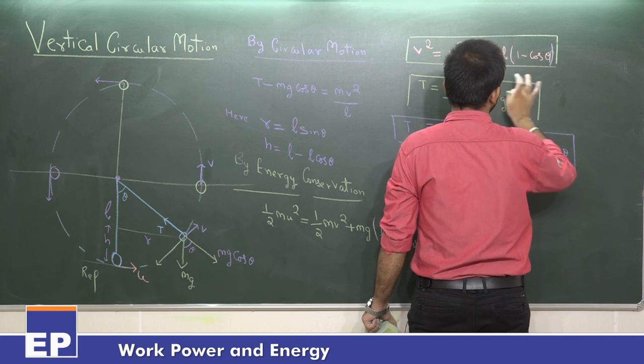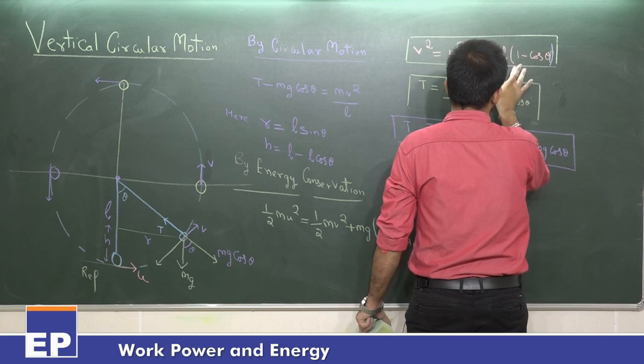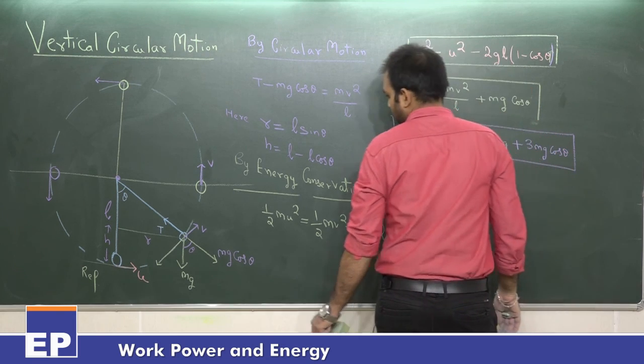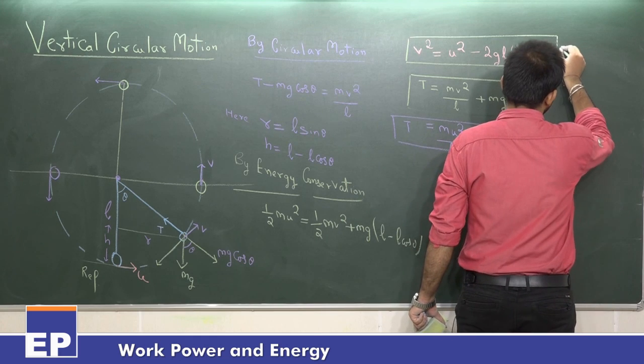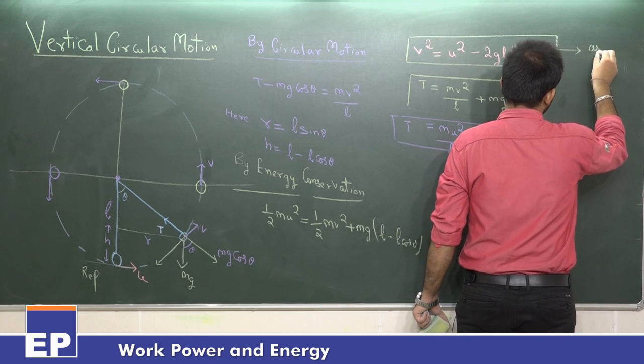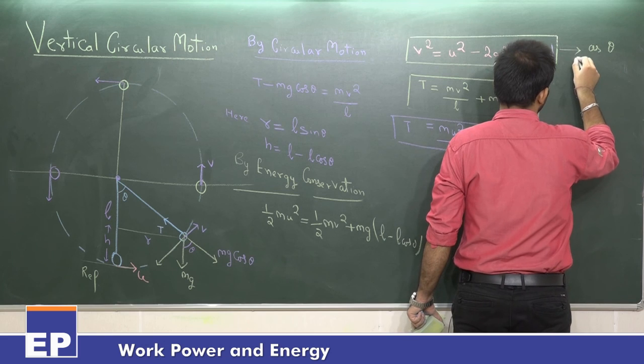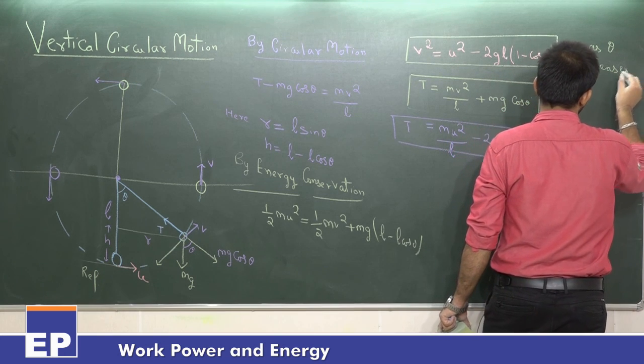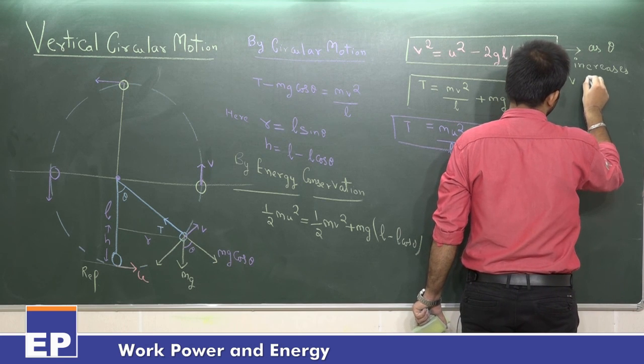If it will increase, so this will increase. This will increase. So overall, this is increasing. तो और V is decreasing. और बात भी सही है. तो as theta increases, V decreases.